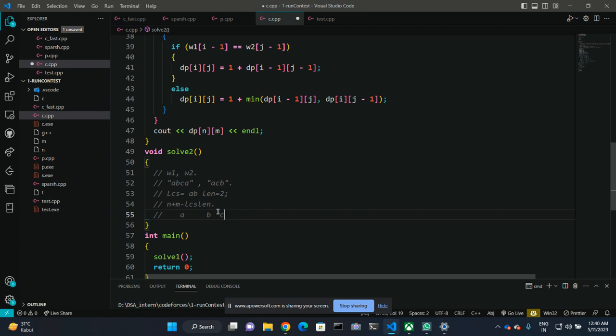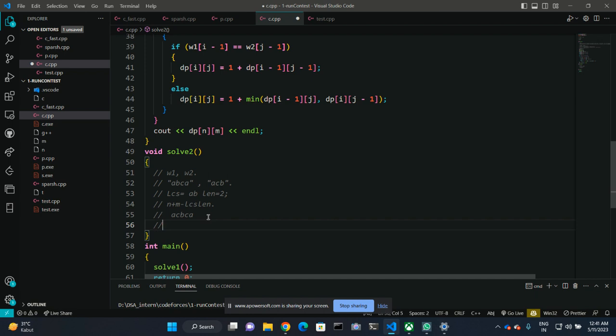Where should I insert A after C? Okay, here A, C, B. So where should I insert this C? AB is already there. Is it possible like this every time?